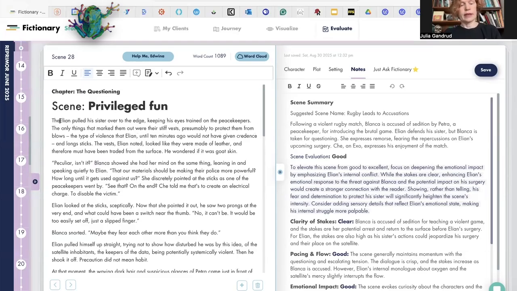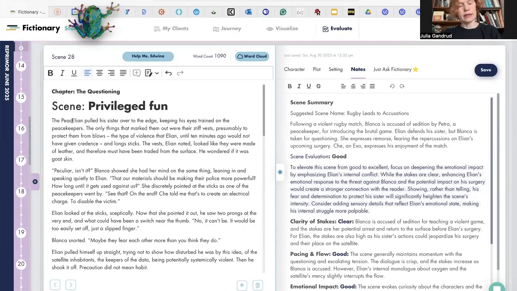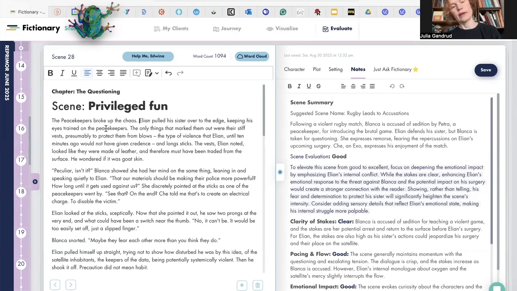Okay, the peacekeepers broke up the chaos. Elian pulled his sister over to the edge as everyone lined up.